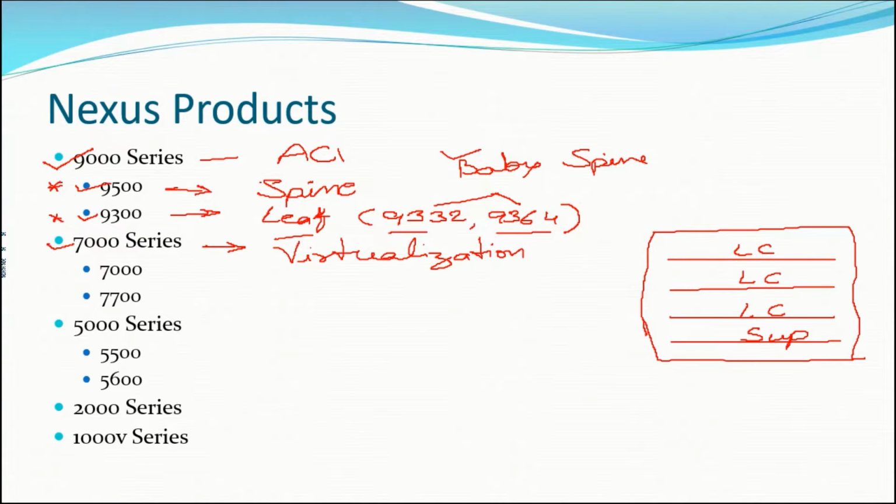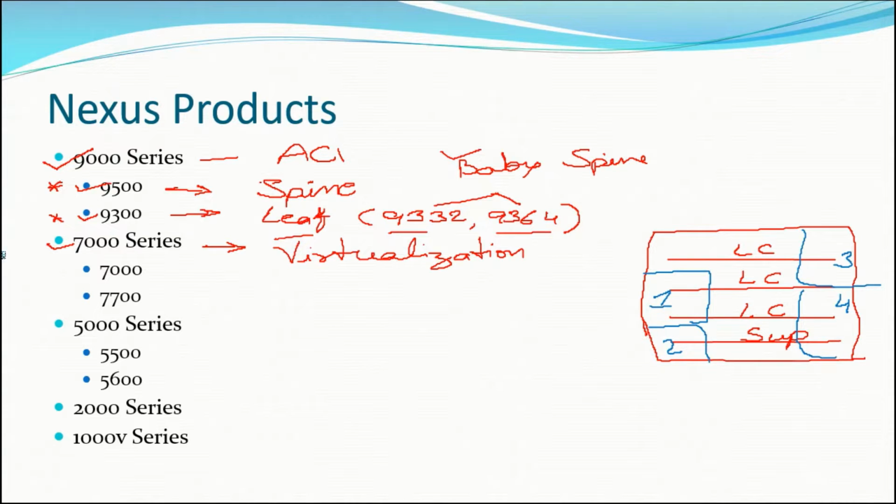For example, within these switches, we can create one virtual switch here, one virtual switch here, one virtual switch this side, and one virtual switch this side. So this may be switch number 1, this may be switch number 2, 3 and 4.